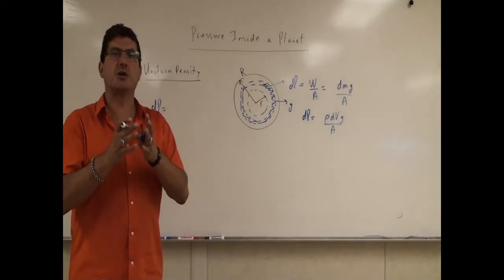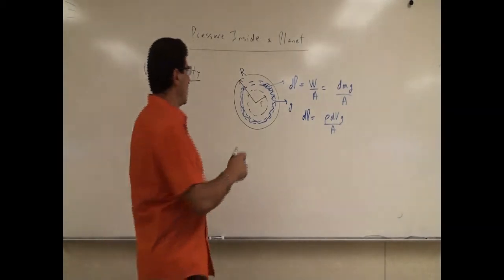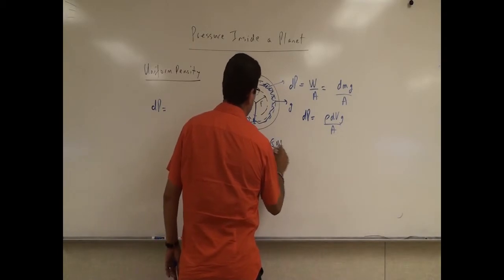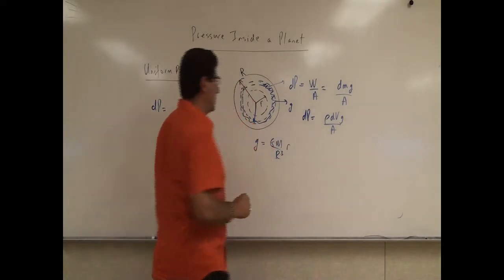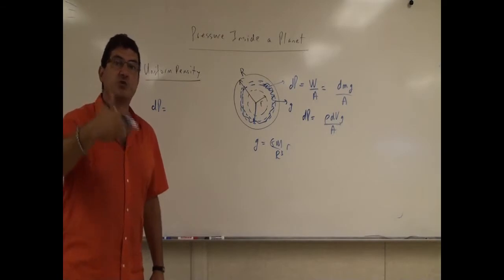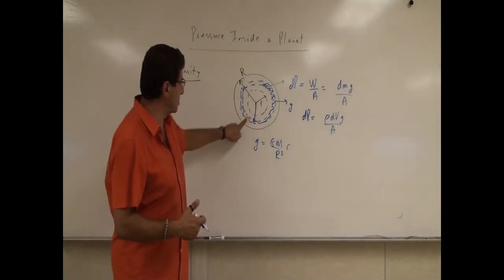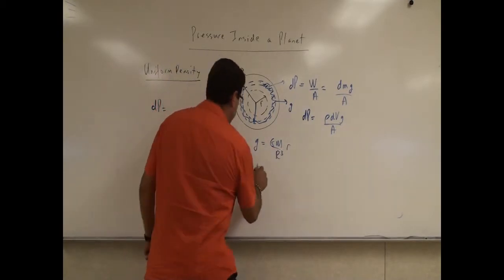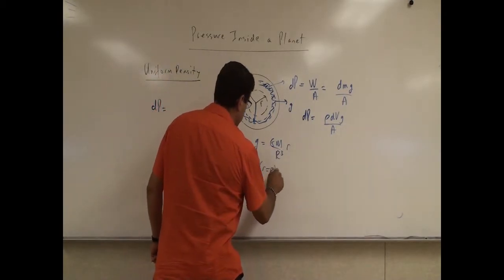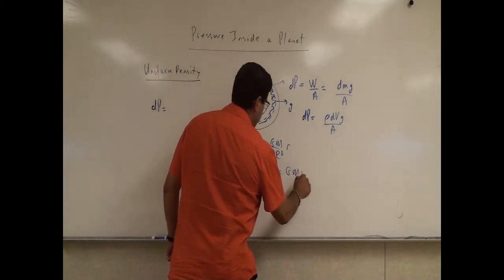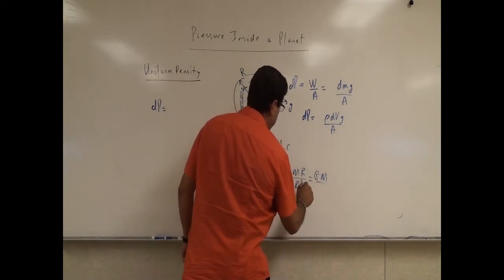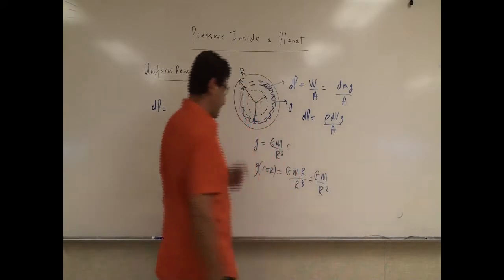I have a video where I show that the gravity of a planet at any location is equal to GM over R cubed, times r. Okay, so the gravity increases linearly from the center all the way going up to the edge. When the little r is equal to big R, the gravitational field is equal to GM over R squared.